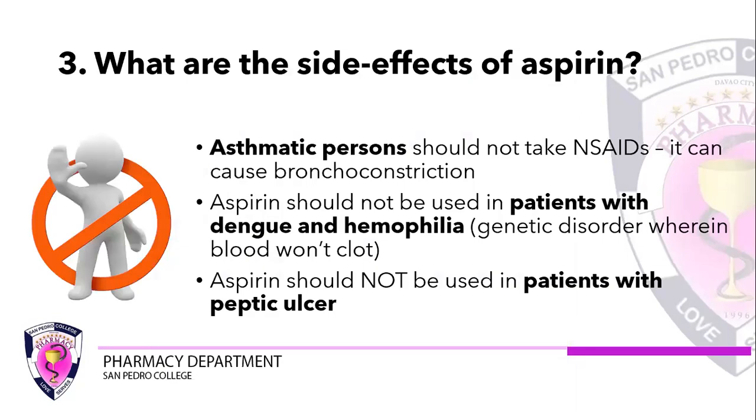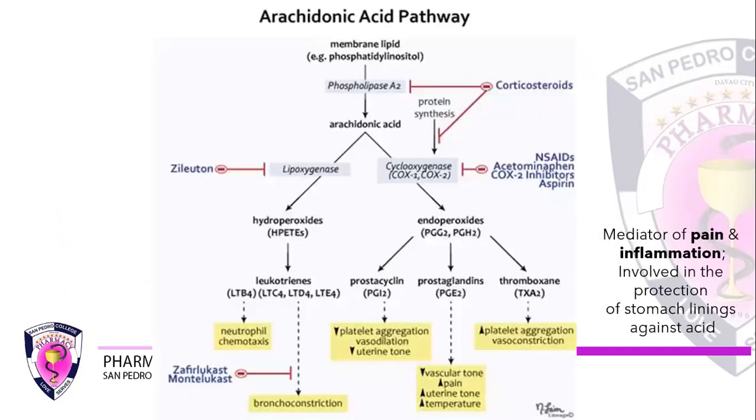Okay, so other side effects of aspirin aside from GI-related ones: asthmatic persons, this is a warning. An asthmatic person should not take NSAIDs because it can cause bronchoconstriction. Why is asthma related to the use of aspirin?